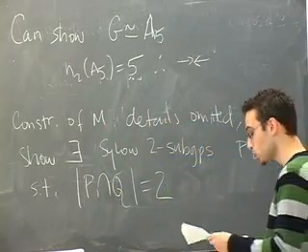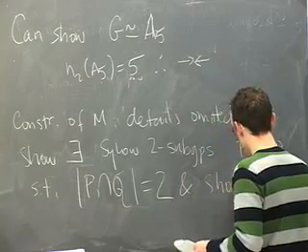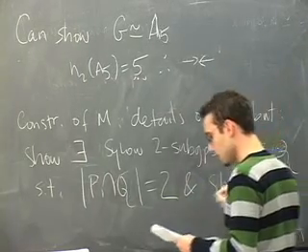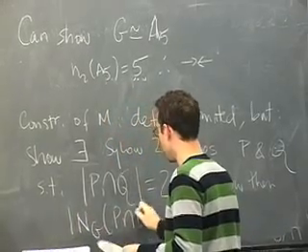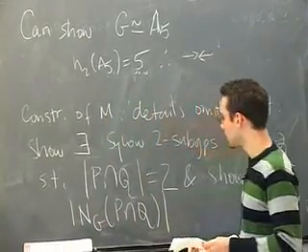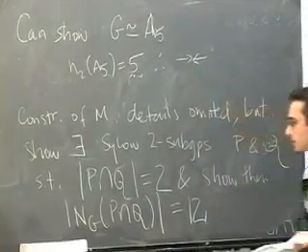So they intersect in 2 elements. And show then that the order of the normalizer of P intersect Q, the order, not the index, must be 12.